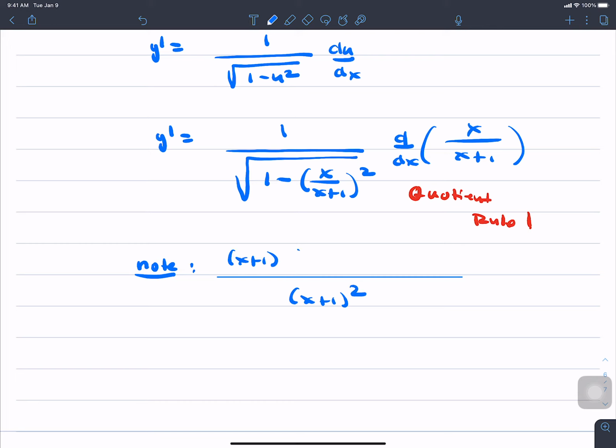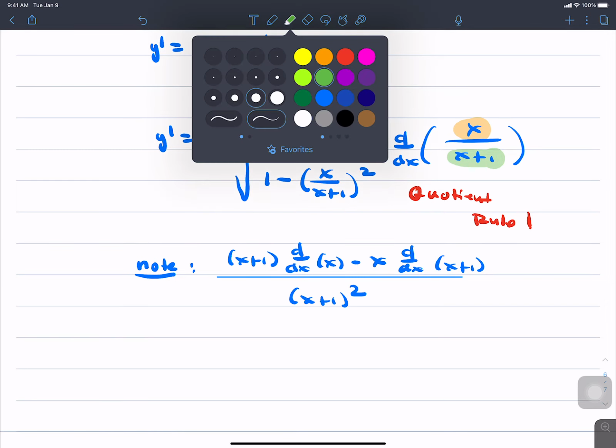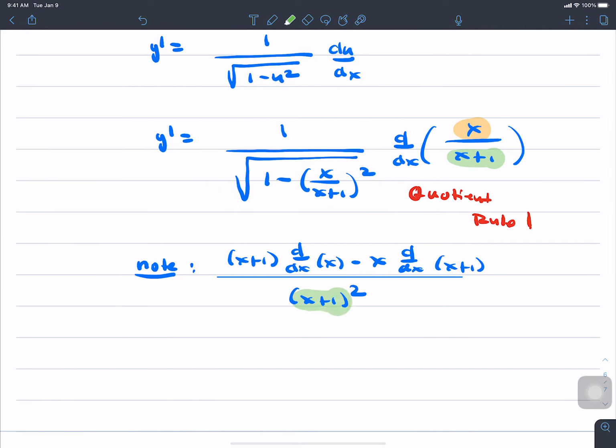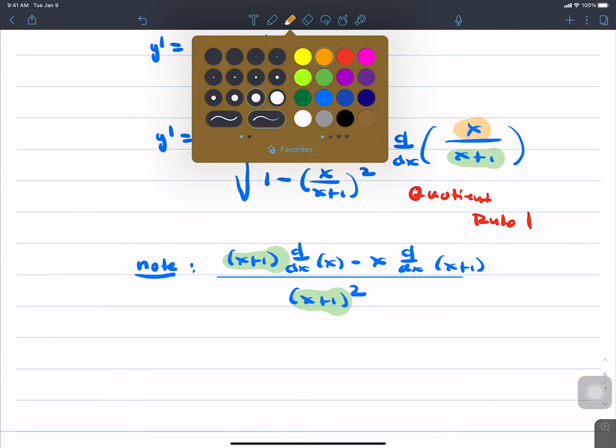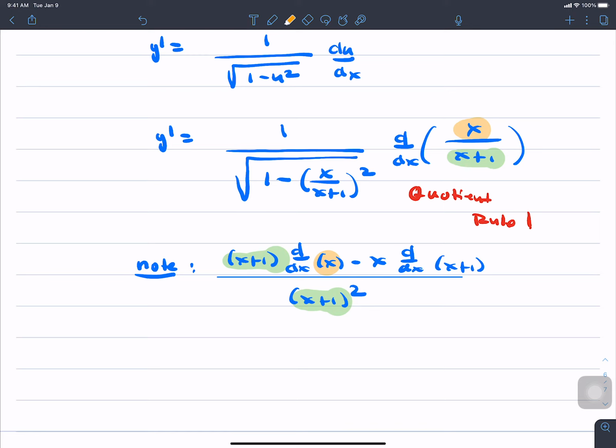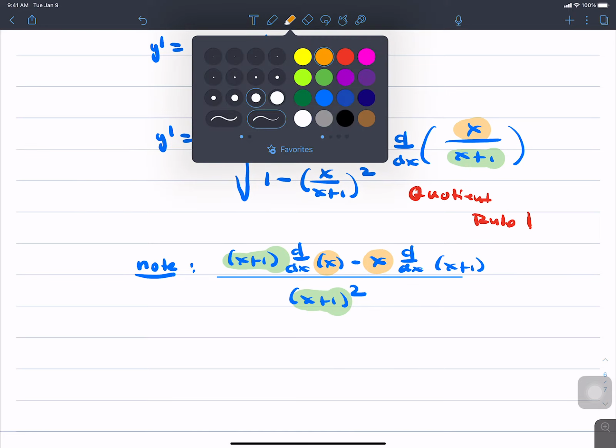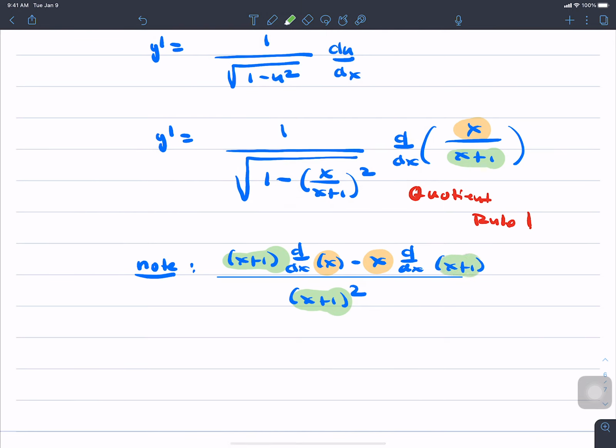Bring the denominator up here, differentiate x, minus x differentiate x plus 1. Numerator function, denominator. So you take that denominator to the second power, it's back up here. Differentiate the numerator, bring out the numerator as a constant, and differentiate the denominator.